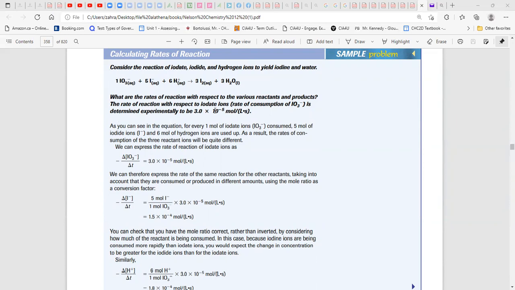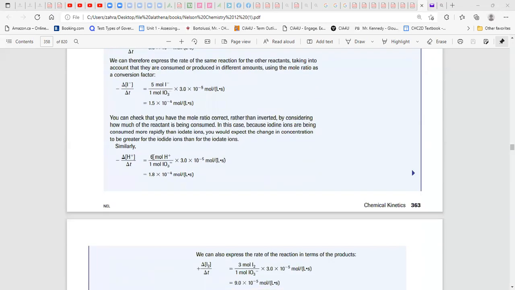If this is 1, this is 5, which means this consumes 5 times bigger. So for I, it would be 5 times bigger than that. Just multiply this one by 5, as you see here. Also, the rate of reaction here is negative, so this one is going to be negative as well. Same thing, hydrogen is going to be 6 times bigger than that. For the hydrogen, we do 6 times bigger than this.